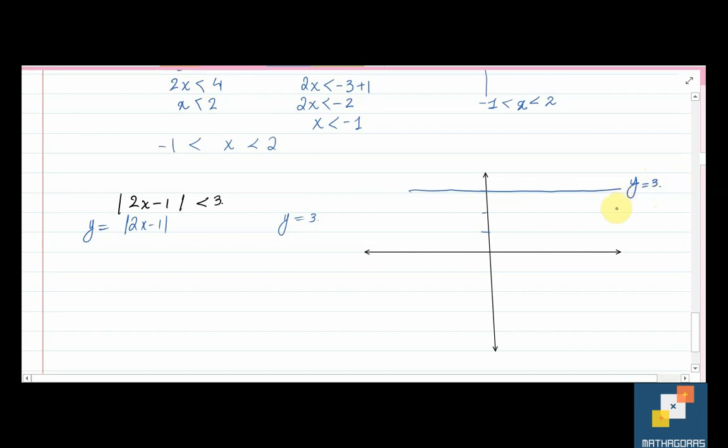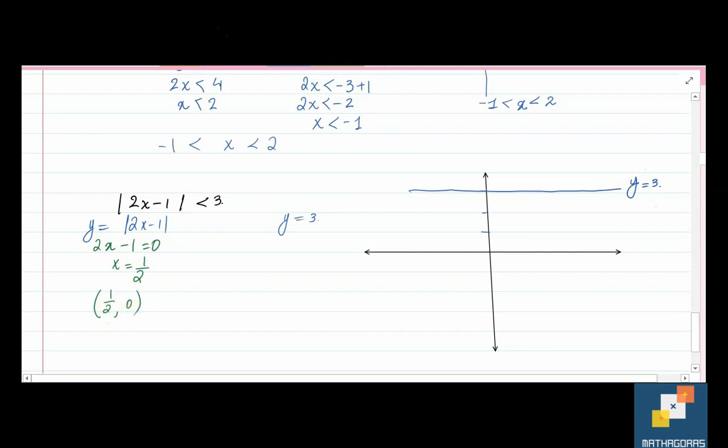For the modulus function, as we had done in the previous exercise, first you need to plot the vertex. When y equals 0, it will give you x is 1 upon 2. That means when x is 1 upon 2, y is 0. So you got your first point, right?